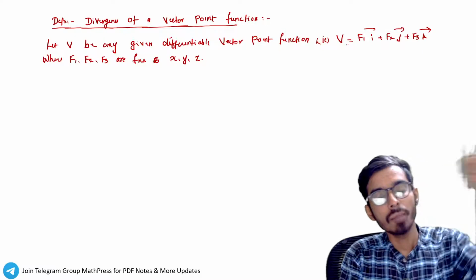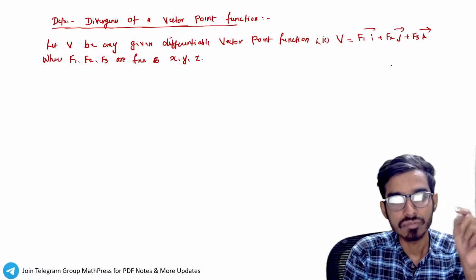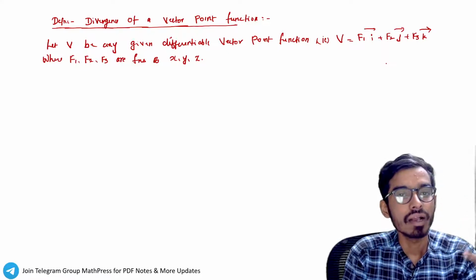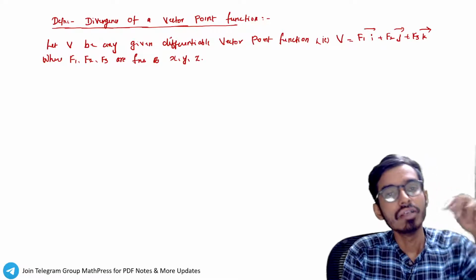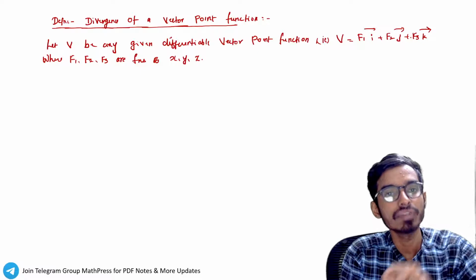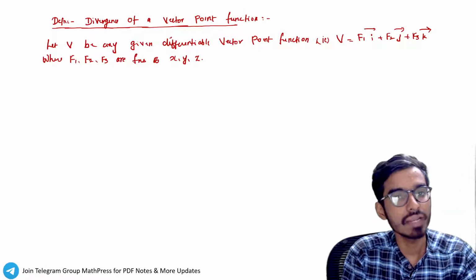For example, if you apply gradient to a scalar point function, the output will be a vector point function. Look at the answers for gradient in the previous problems: dou f by dou x i vector, dou f by dou y j vector, dou f by dou z k vector. There you get dou f by dou x, dou f by dou y, dou f by dou z as functions of x, y, z. So the output is a vector point function for gradient, which we already defined.